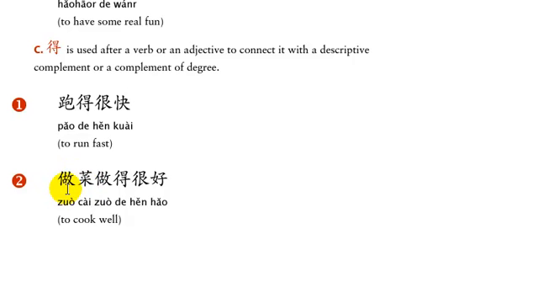Okay, cook dishes, cook 菜, 做菜. So if you want to say cooks well or cooks 菜 well, because there's an object after 做, you have to repeat 做 again and then say 很好, 做菜做得很好.